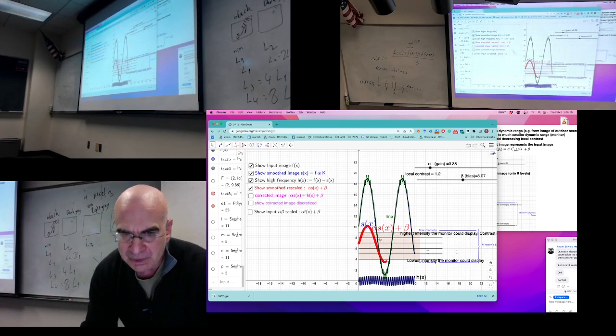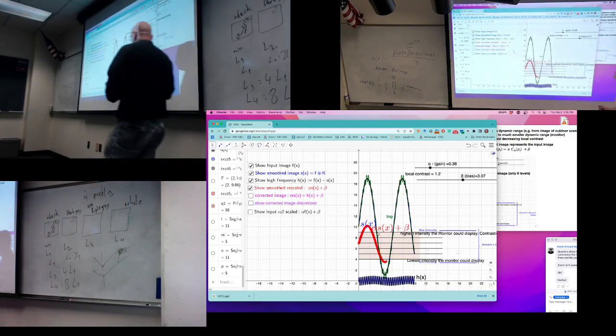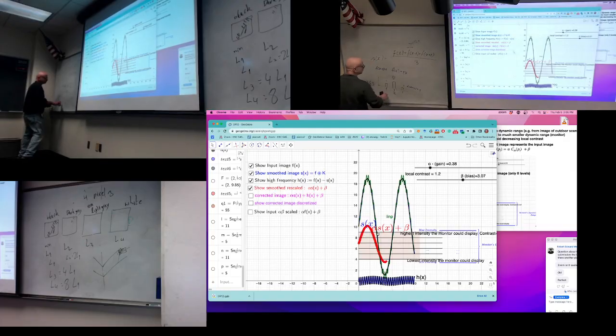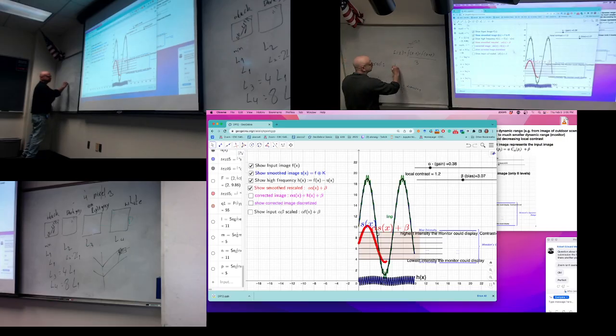In red, that I wrote in blue of course to be consistent, is alpha times the smoothed function, the low frequencies that I'm going to scale.